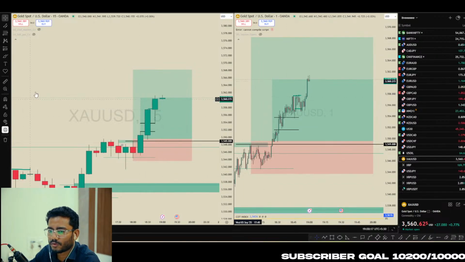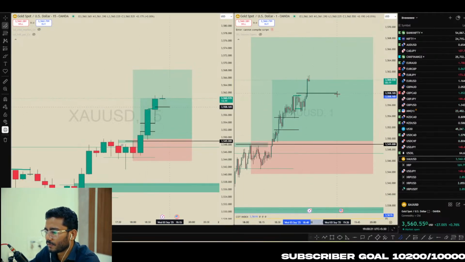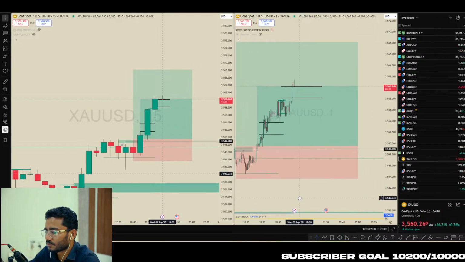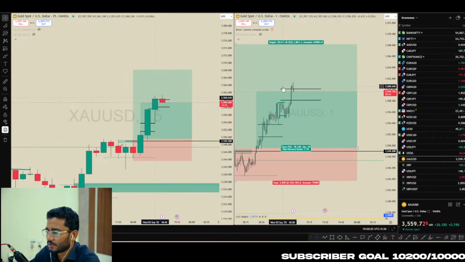So let's look for liquidity. Let's look for re-entry on 1 minute here. We have this imbalance now. Let's wait for price to sweep this imbalance.